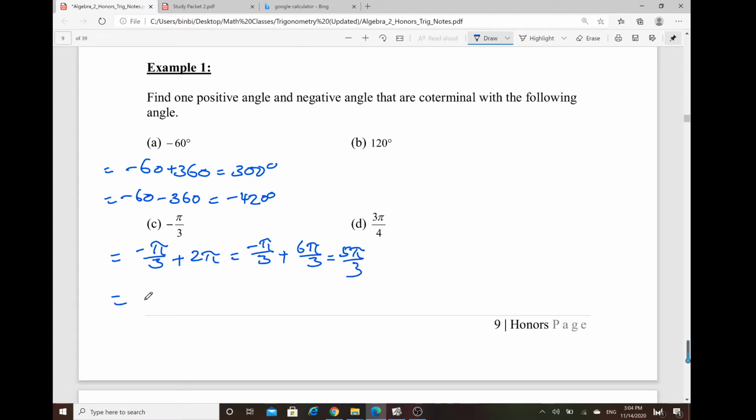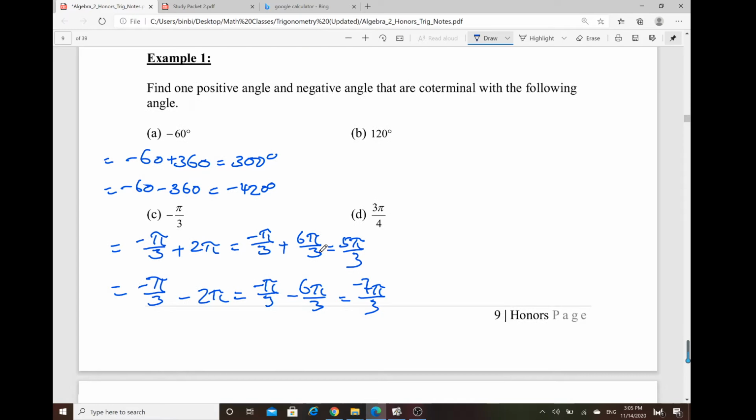To get the negative coterminal, we subtract 2 pi: negative pi over 3 minus 6 pi over 3 would be negative 7 pi over 3. Again, B and D, you can follow through with the exact same example.